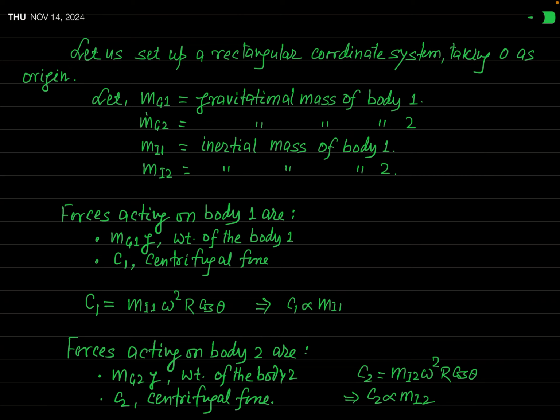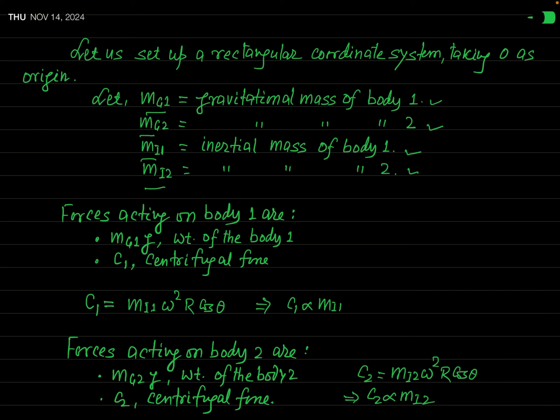I have considered that mg1 is the gravitational mass of body 1 and mg2 is the gravitational mass of body 2. mi1 is the inertial mass of body 1, and mi2 is the inertial mass of body 2.